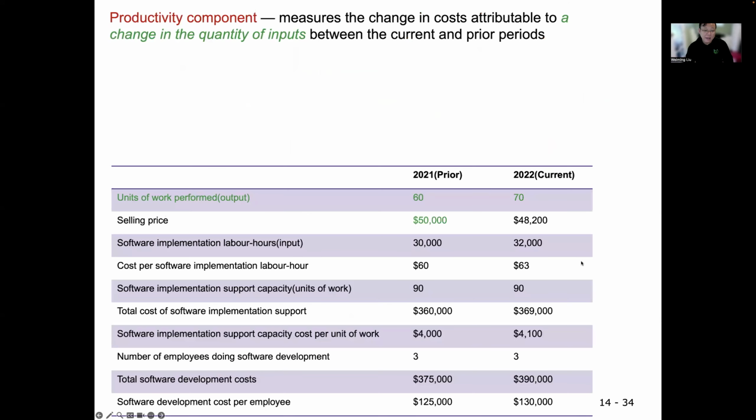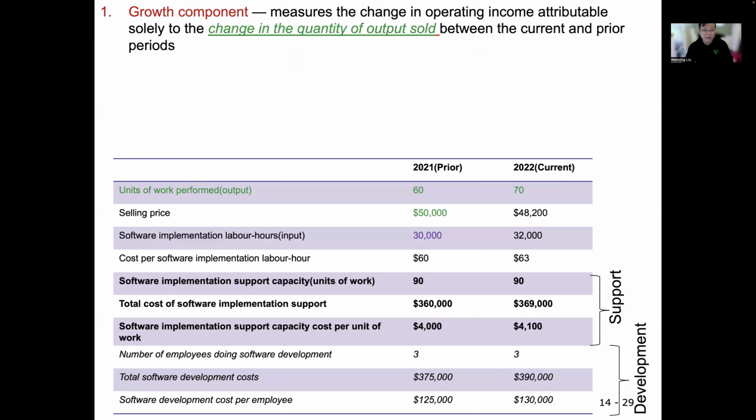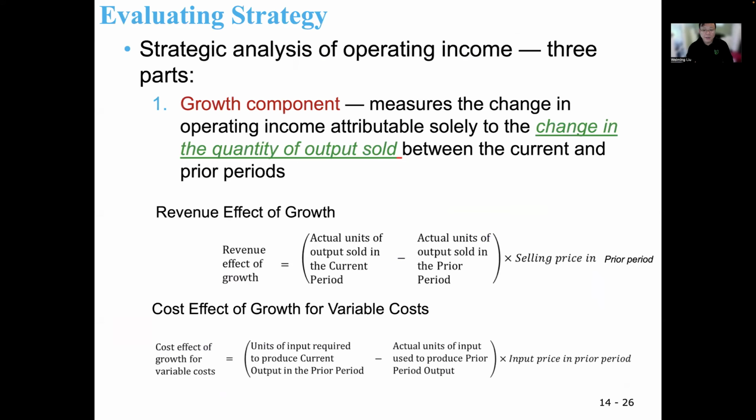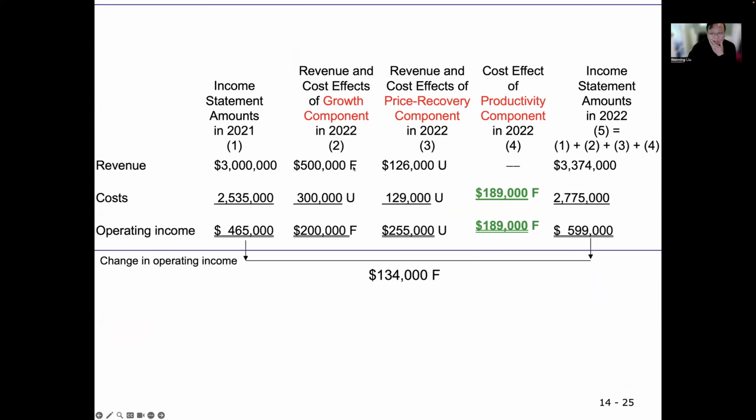So when you pull everything together, you can see the growth component has an effect on revenue and cost. The price recovery component has an effect on revenue and cost, and the productivity component has an effect only on the cost.